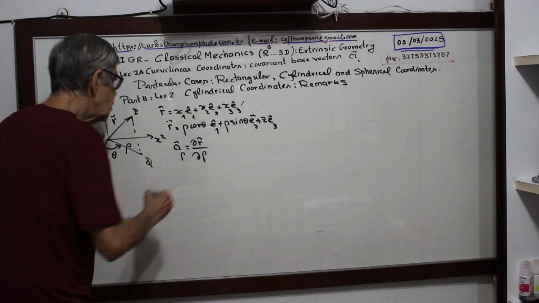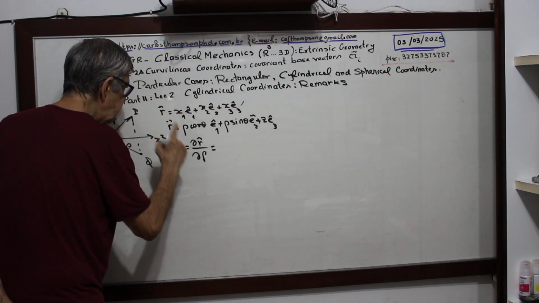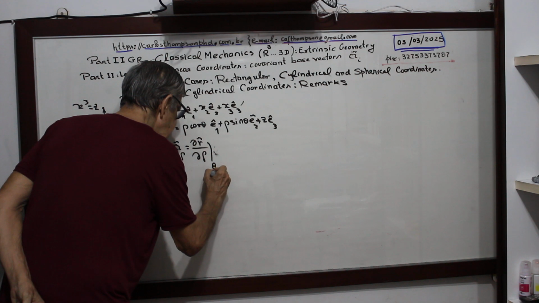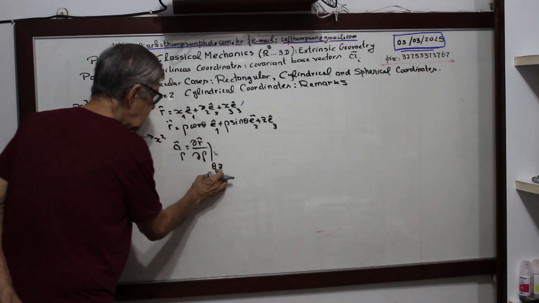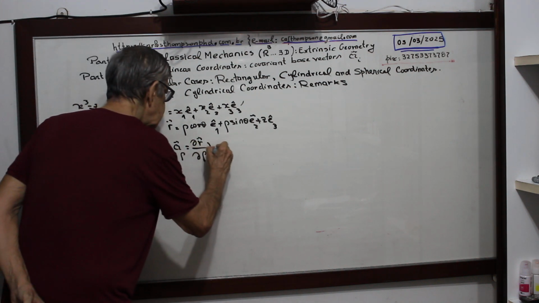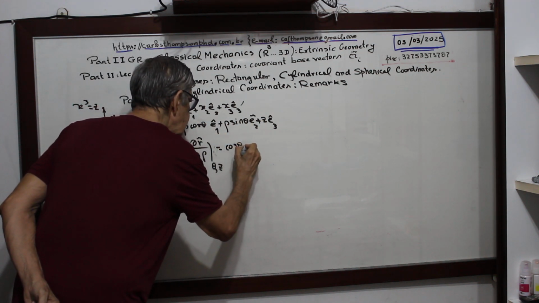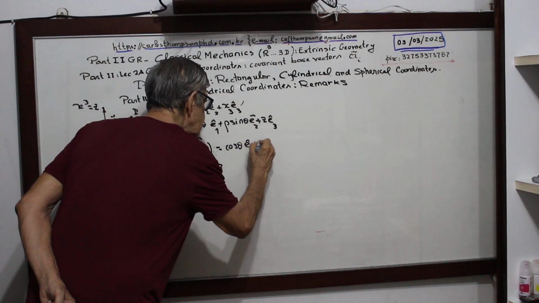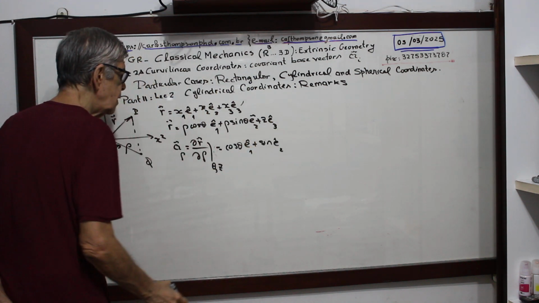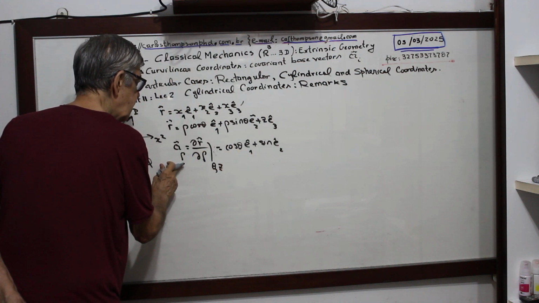So now the partial derivative with respect to rho, I emphasize that theta and Z remain fixed. So I just look at here, when I derive that, I have cosine E1 plus sine E2. This is 0. This is A rho.